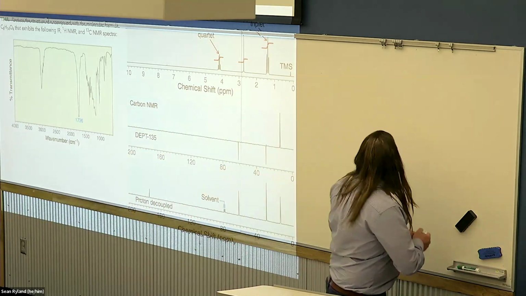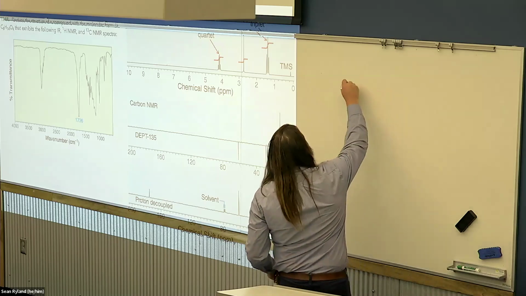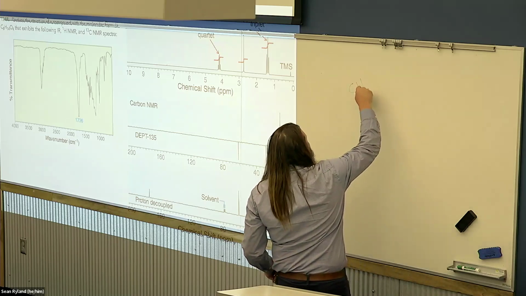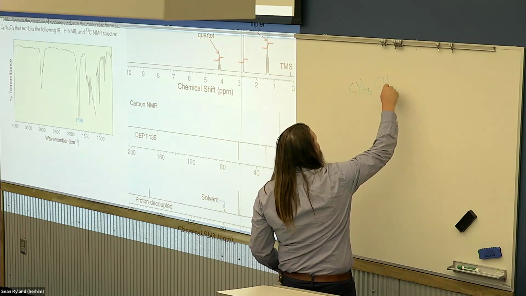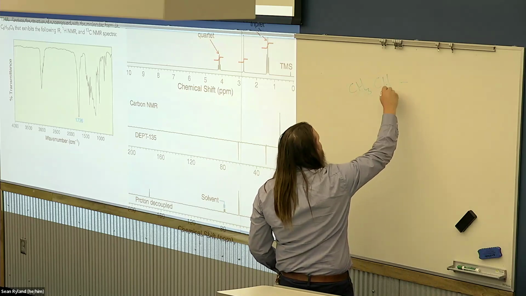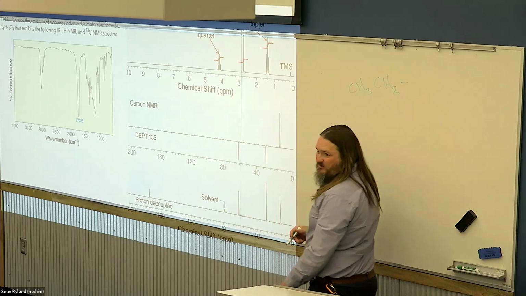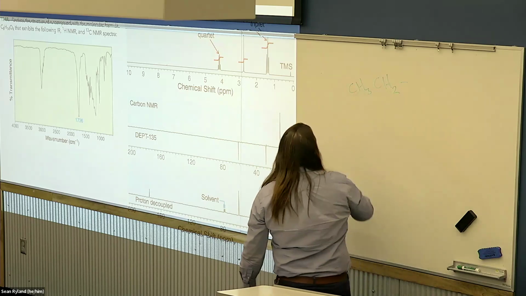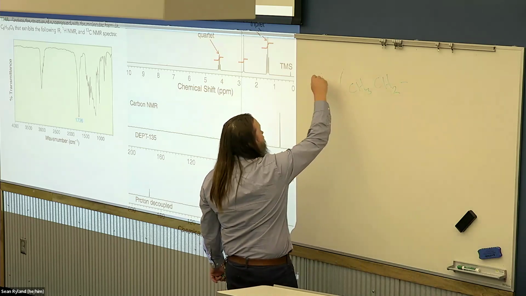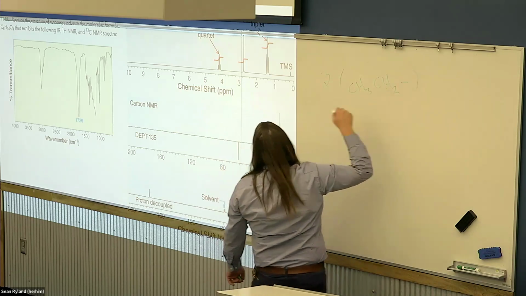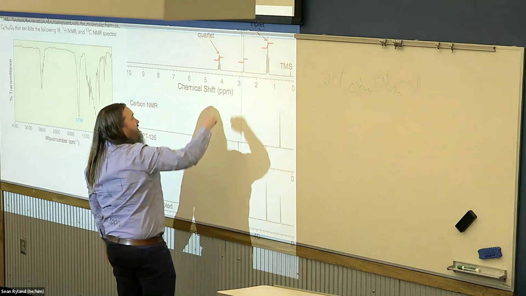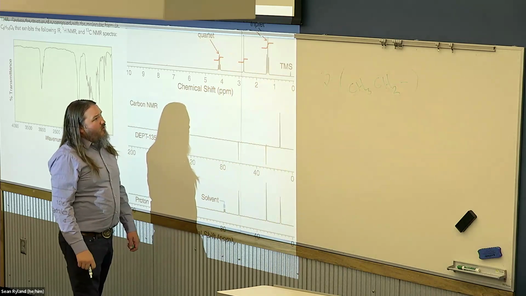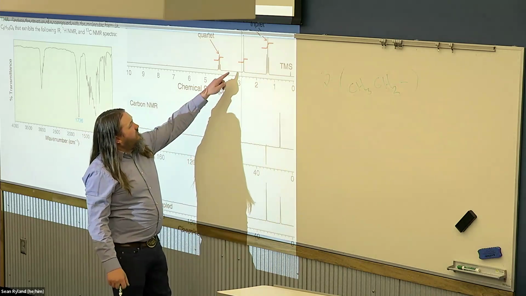What could we be working with? We know we've got this as a fragment, probably 2 of those. And that's where the integration might show up. None of these look like their integration is way more than the others.